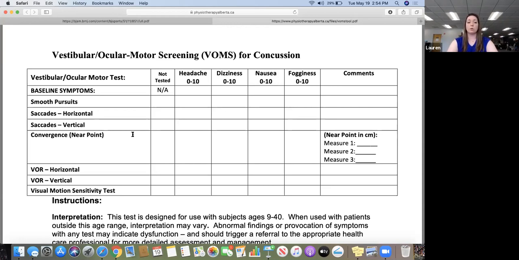When you have trouble with your VOR, you may have some oscillopsia, where your whole vision just bounces. That's a very unsettling feeling for a lot of people. Even when you're in the car, how many little bumps do you hit, but your vision just corrects for it? Imagine not being able to have your vision correct and everything is just bouncing the entire time. Not fun. So, VOR for horizontal and vertical.